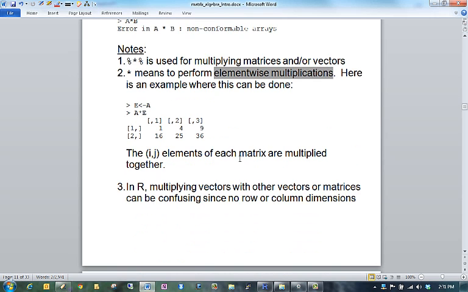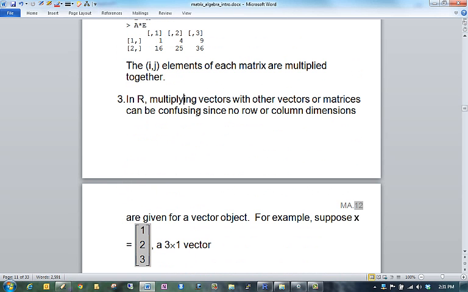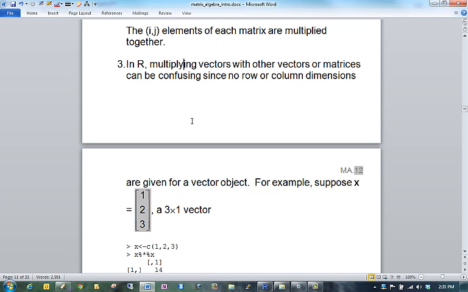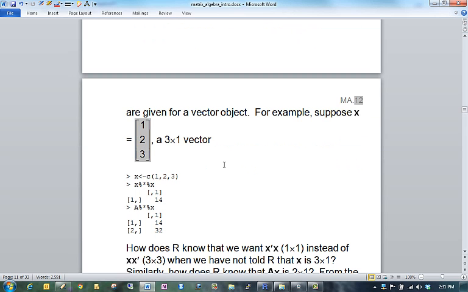Well, what about multiplying vectors with other vectors or matrices in R? This is where you need to be a little bit careful about knowing what you are doing. So for example, let's say that in a mathematical context, I create a vector called x, and it's a 3x1 vector.